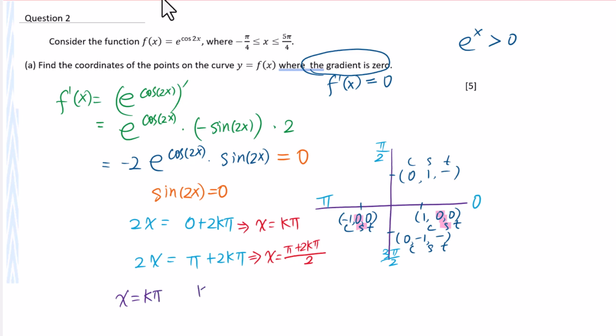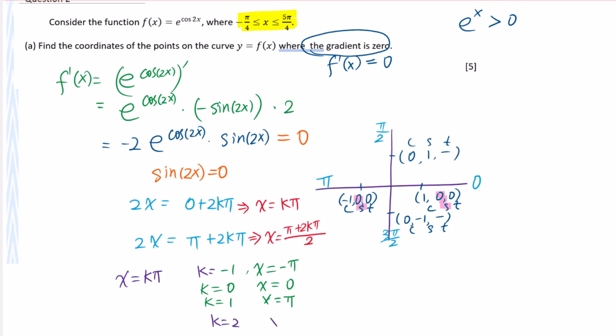Check the domain. Negative 1, k equals 0, k equals 1. X equals negative pi, x equals 0, x equals pi. Then k equals 2, x equals 2 pi. Cross out this and this. We got x1 equals 0, x2 equals pi.